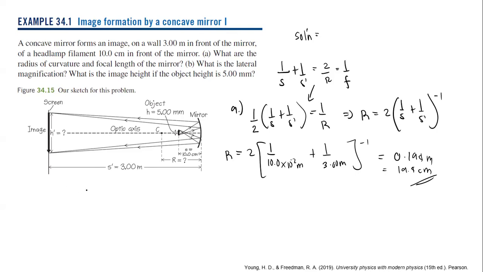The focal length f is equal to R over 2. So we're going to divide this one.